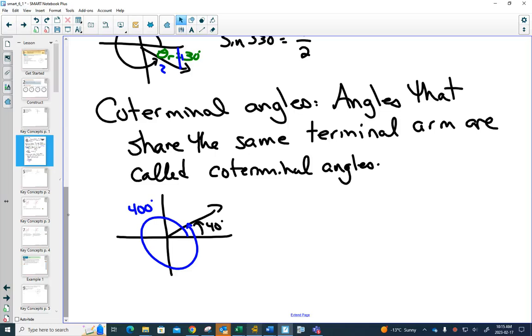And that too, we're going to find out that if you go to your calculator and you type in sine of 40 degrees, and then you type in sine of 400 degrees, you will get the exact same answer. Because if we drew their reference angle, and with either one made a triangle back to the x-axis, you would make the same triangle.